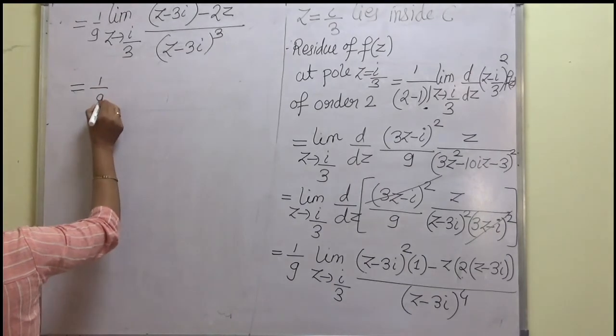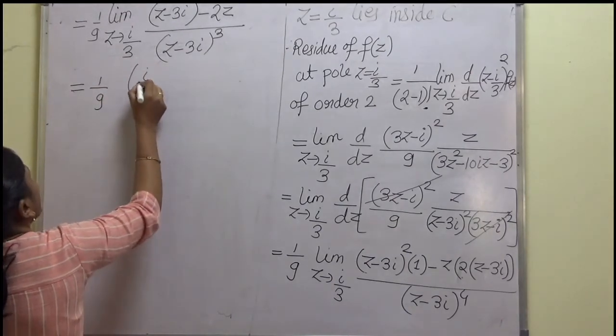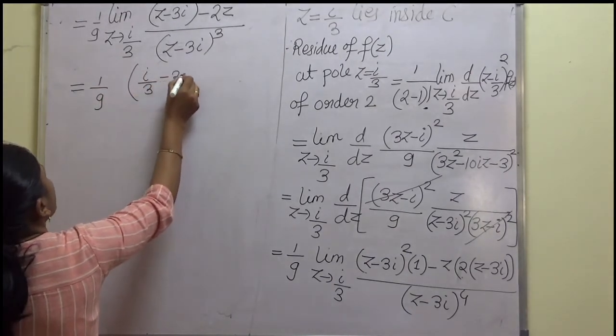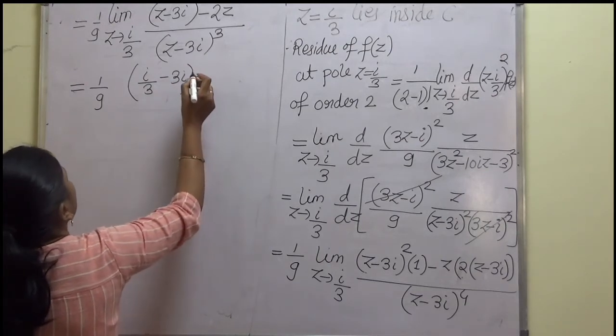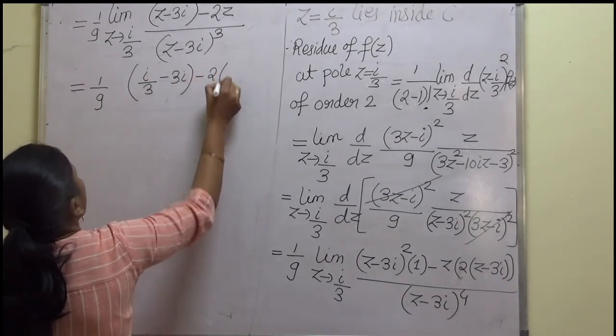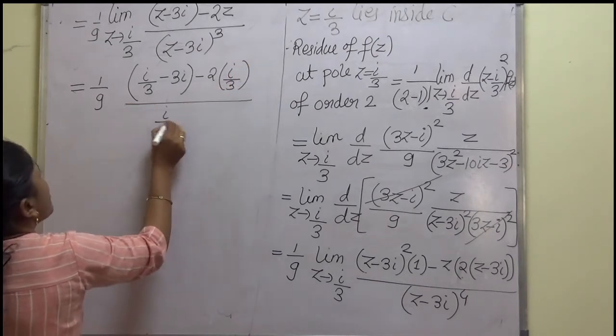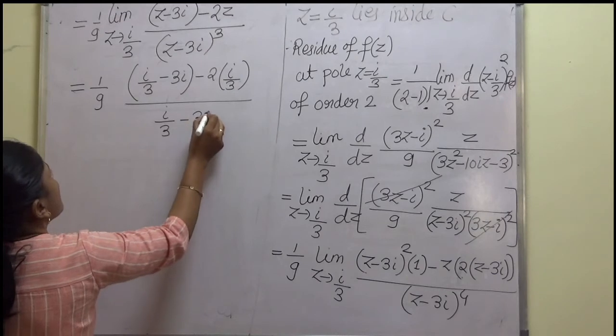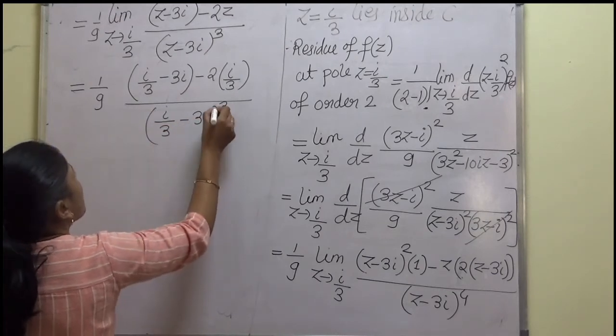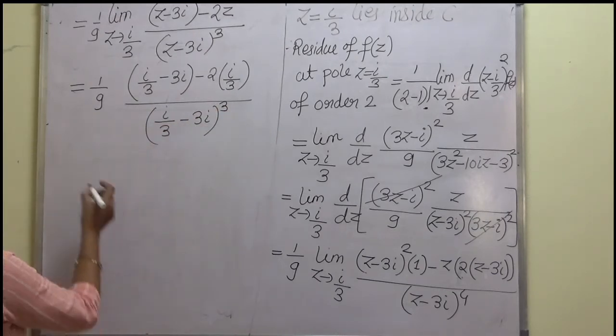Now apply the limit. So 1 by 9, now put z as i by 3. So (i by 3 minus 3i) minus 2 times (i by 3) upon (i by 3 minus 3i) cubed. Now simplify.